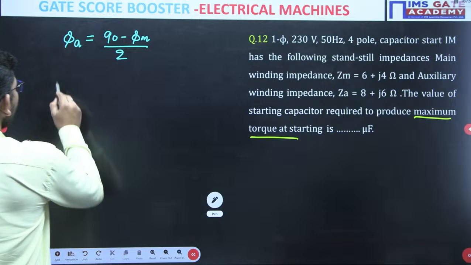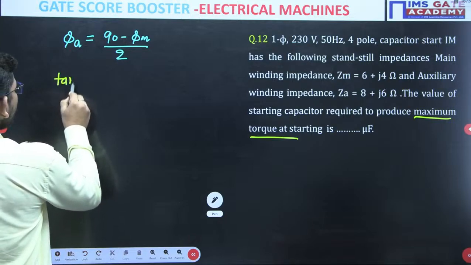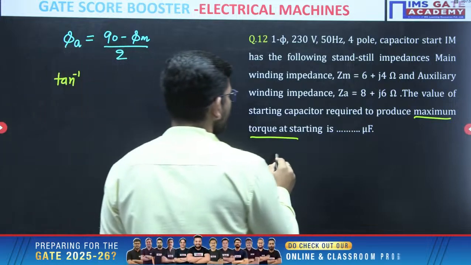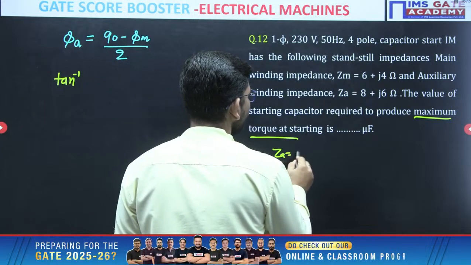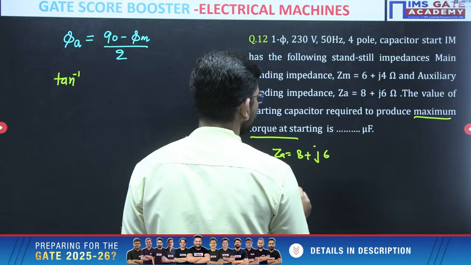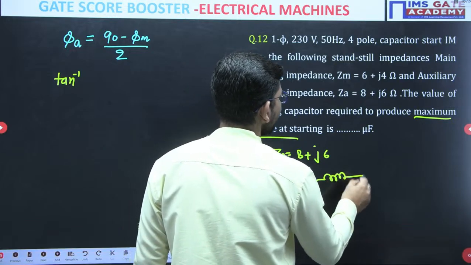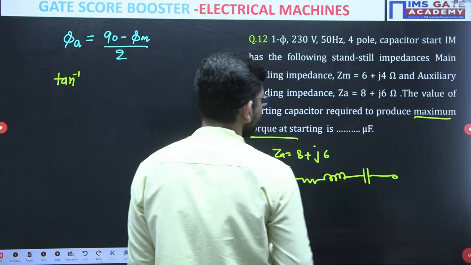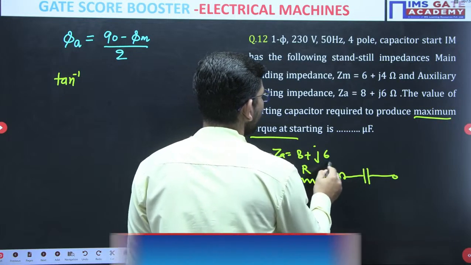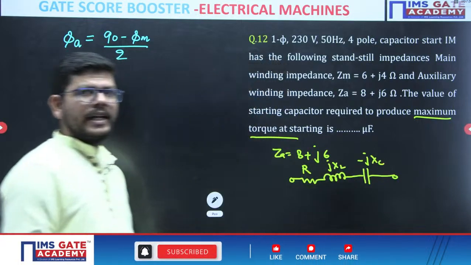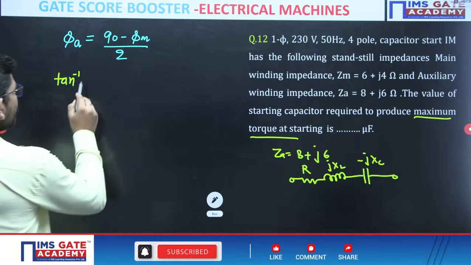Now how will you calculate the auxiliary winding capacitance? Just see, for the auxiliary winding ZA is 8 plus j6, and we will be adding a capacitance here. So R plus jXL and minus jXC, right? In the auxiliary winding we will be adding a capacitance. So how will we write it?